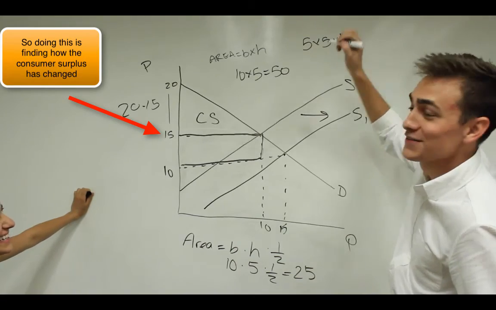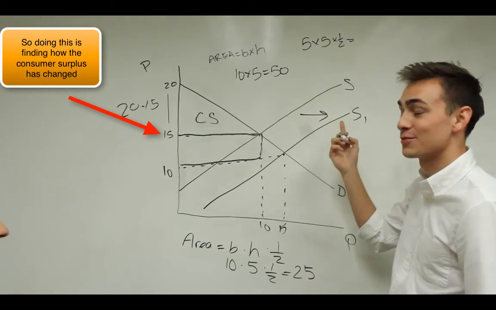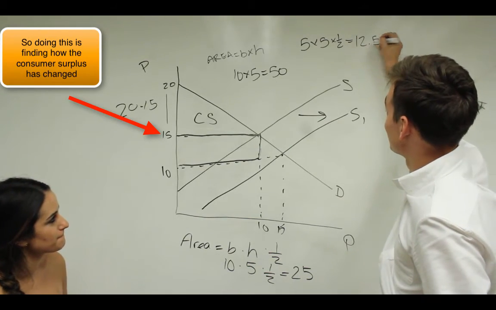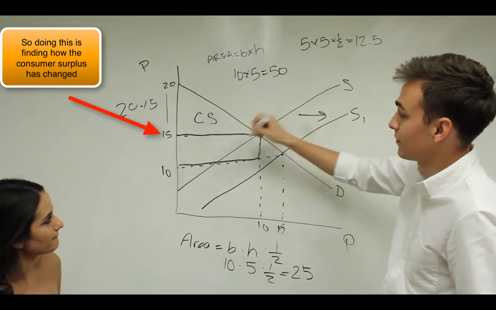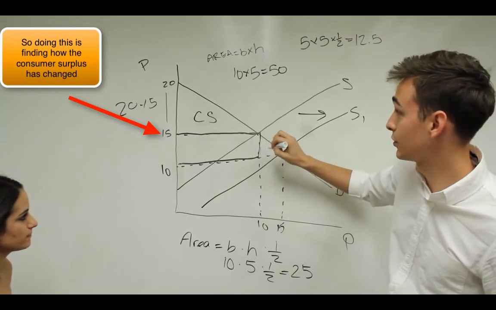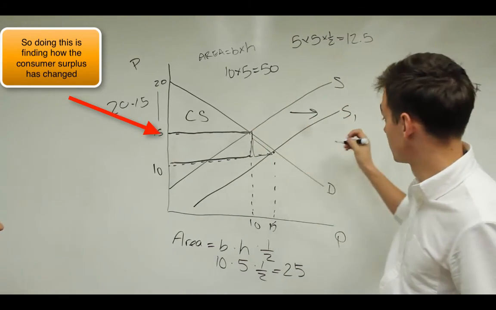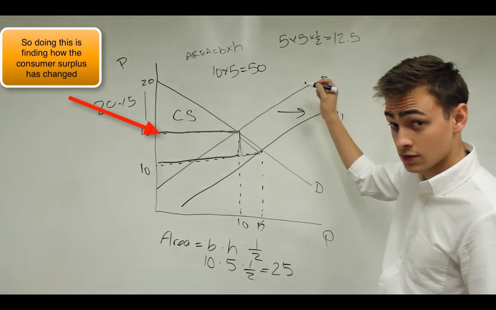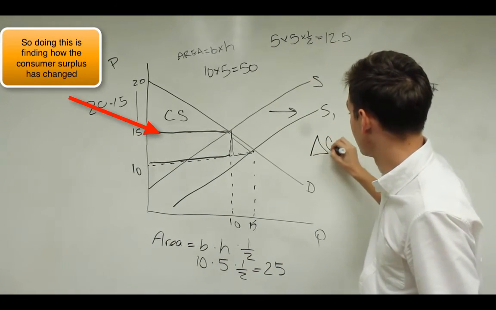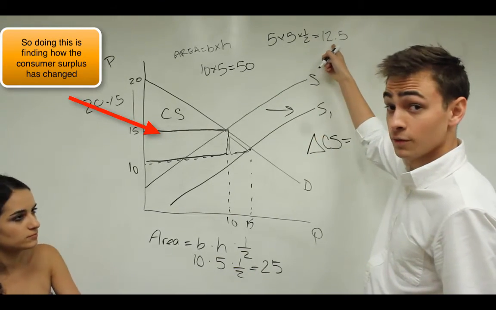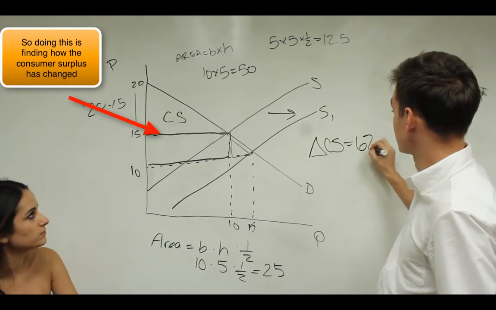So 5 times 5 equals 25, times 1/2 equals 12.5. Sorry, should use easier numbers, but we have right here that this rectangle equals 50, this triangle equals 12.5. So the change in consumer surplus as a result of the supply increase equals 50 plus 12.5, which is 62.5.